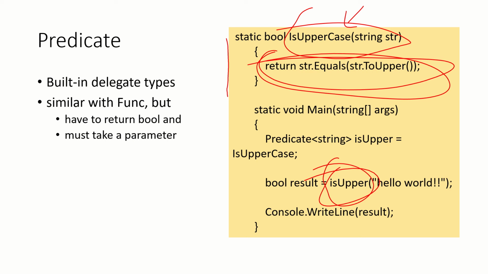So this is an example of encapsulation, right? You only need to know what result you want when you call this delegate, but you don't have to know the details of how they get this result.